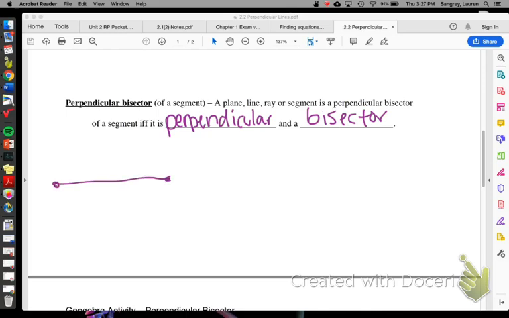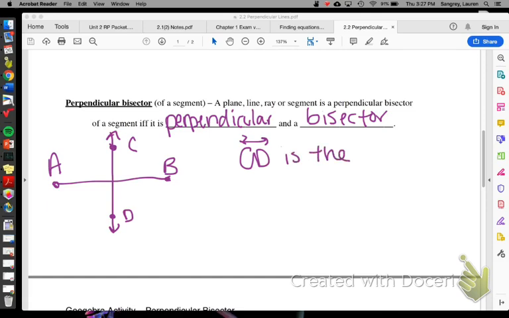This will be segment AB. And let's put a line going through. This will be line CD. And we're going to say line CD is the perpendicular bisector of AB. Notice I used the perpendicular symbol.